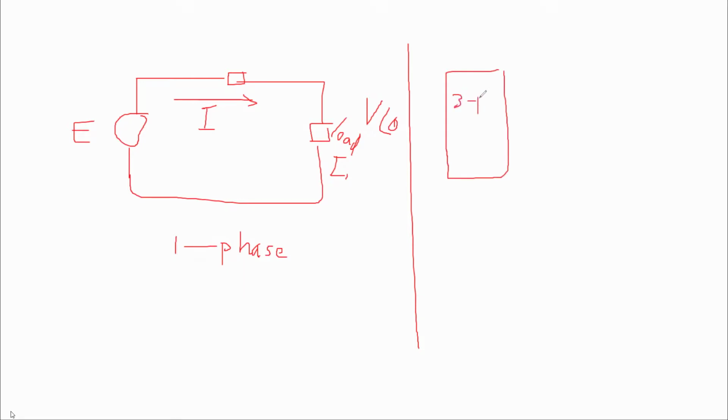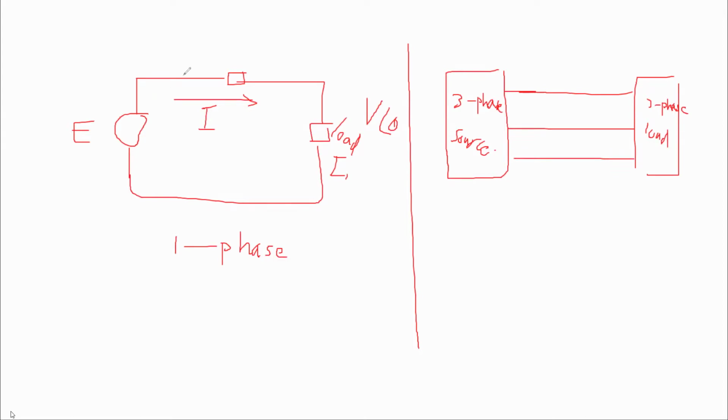So a three-phase source, and the load will be a three-phase load, which is basically three single-phase loads. And here are three single-phase sources. And in between, you're gonna have the wires, like this wire.